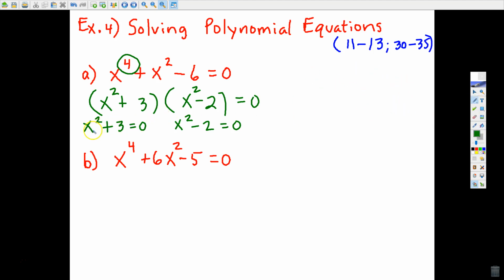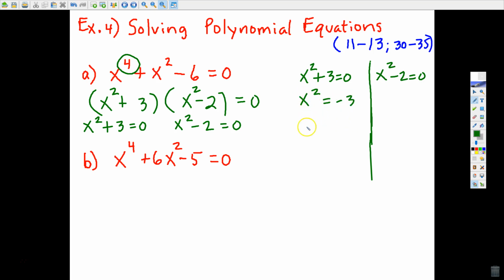Okay, I'm going to solve this left one. X squared plus 3 equals 0. And then I'll just make a little line here and we can solve the other one right beside it. So my first move would be to subtract 3. And then I got to do the square root of both sides.